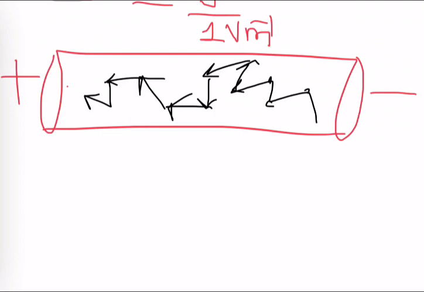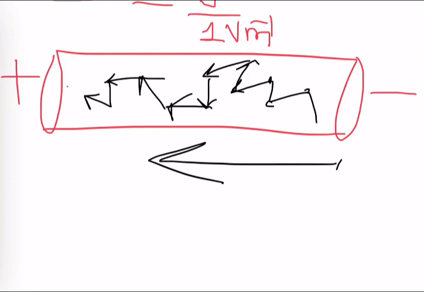During the collisions they change direction, but there is a net movement from the negative to the positive end. This type of motion is called electron drift.